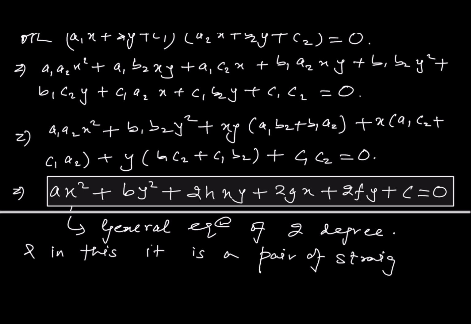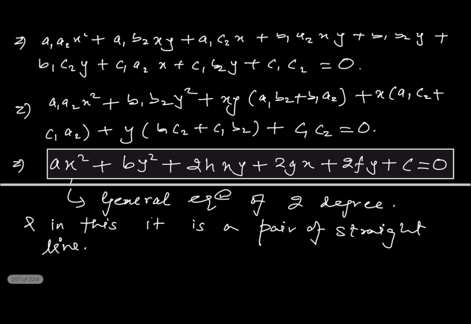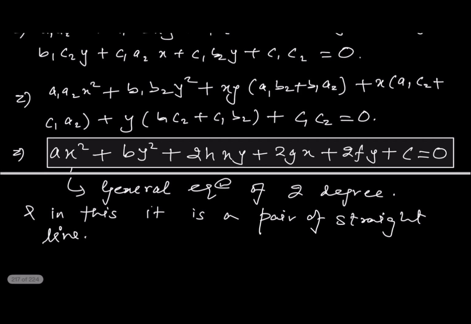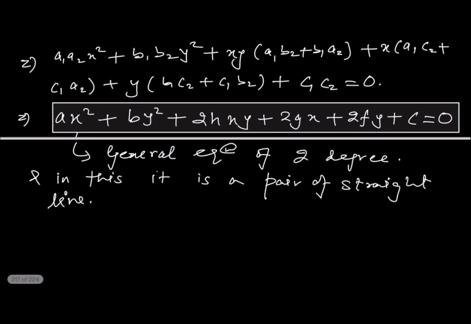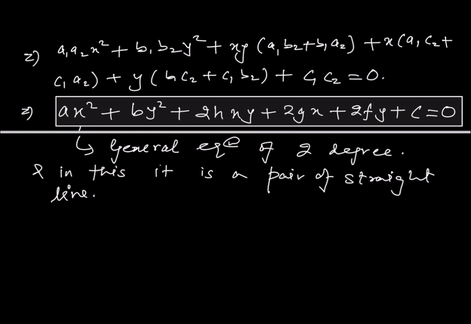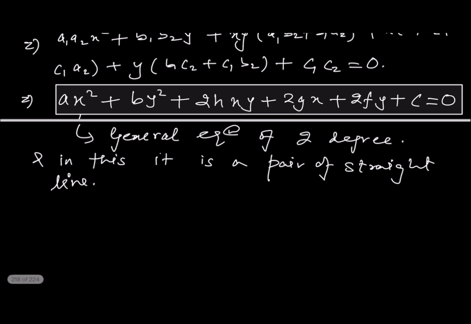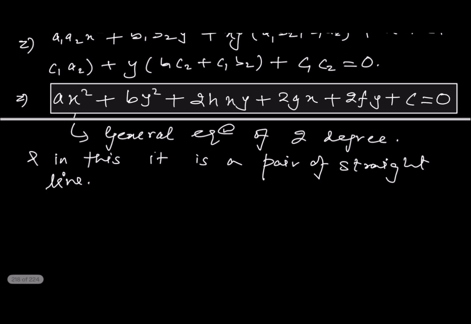There is one condition also. Not every time will this general equation of second degree represent a pair of straight lines. Right? There is a condition, which will be discussed later. So for the time being, this is a second degree equation which represents a pair of straight lines.